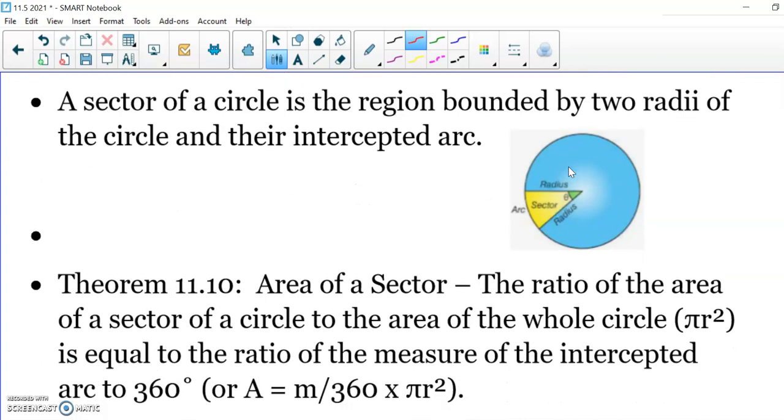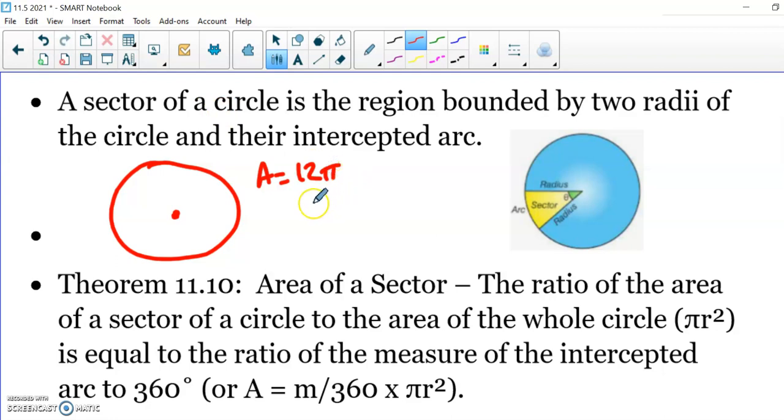All right, so we're going to set up a proportion just like we did for arc length. So our question is, what fraction of the whole area of the circle is our sector? So as we did before, say you have a circle and say that the area was 12 pi units squared.